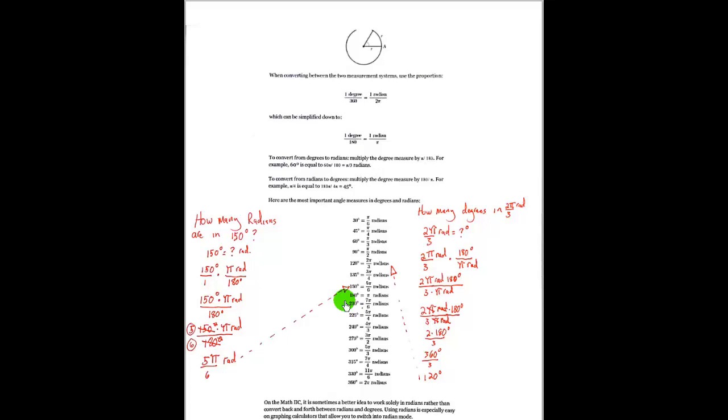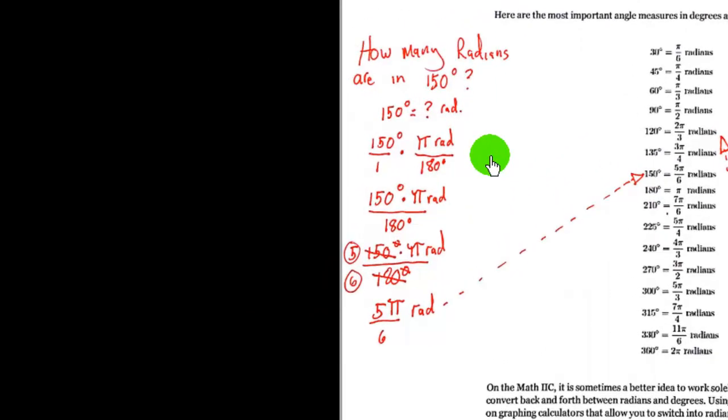So when you're converting from degrees to radians, if you know how many degrees there are, for instance in this example right here, it says how many radians are in 150 degrees. You write down 150 degrees equals, you can use an X, I just use a question mark, radians, and then you write 150 degrees as a fraction, which is 150 over 1.